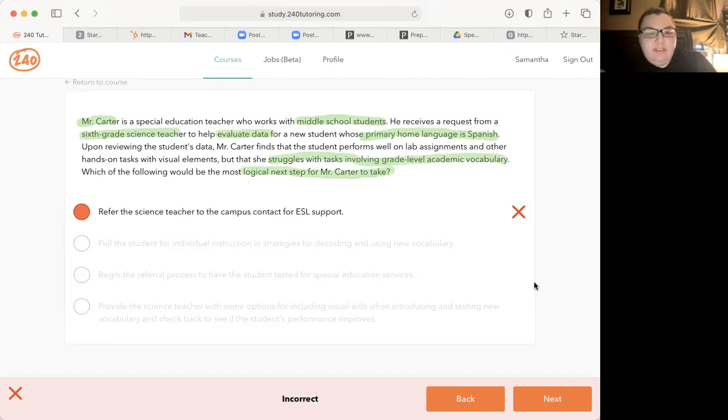So now I'm looking at B and D. Provide for individual instruction strategies for decoding and using new vocabulary, and then provide the science teacher with some options for including visual aids. Would it be B?